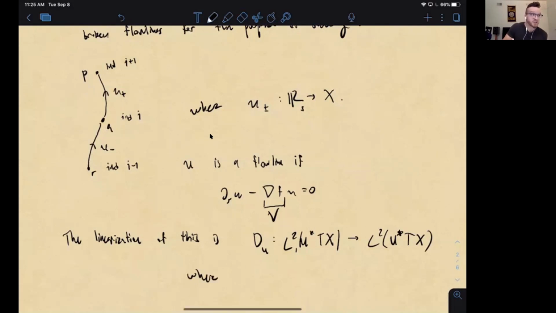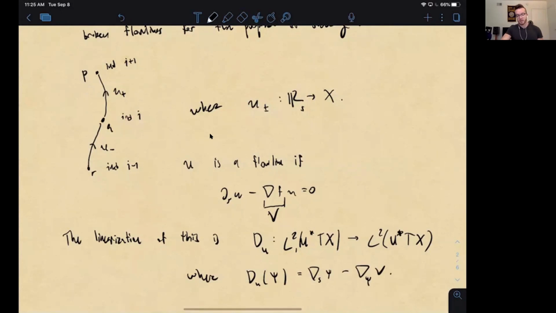So this linearization is going to eat one of these sections and spit out a covariant derivative in the S direction, and then the covariant derivative of V in the psi direction.